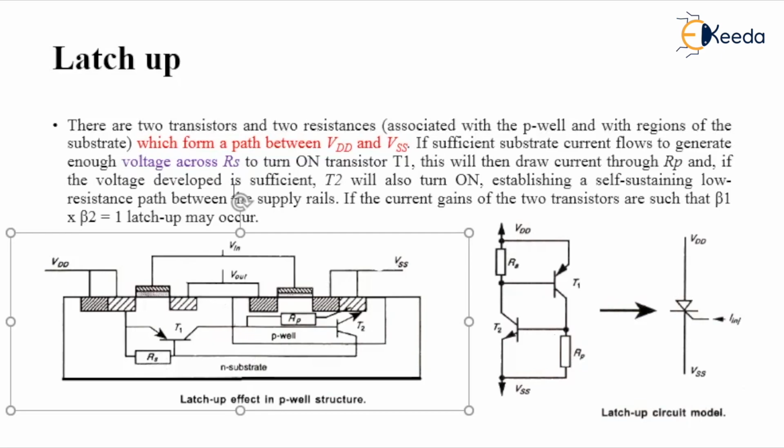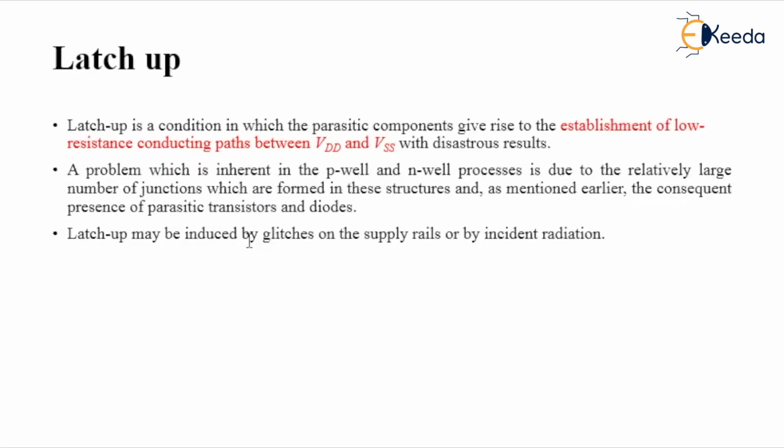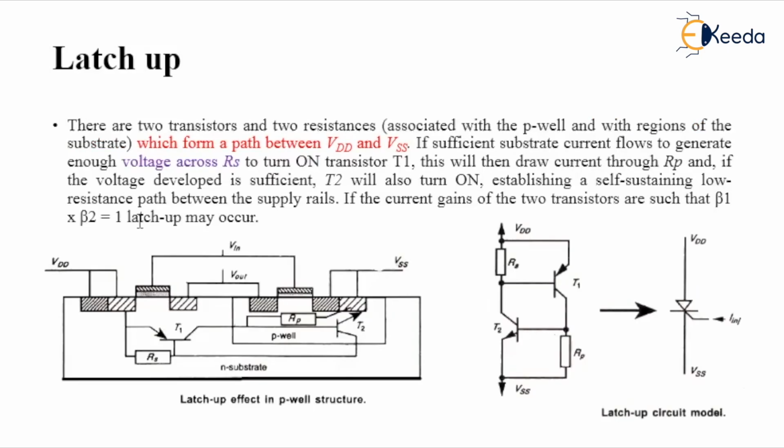So I repeat, latch up is establishing a low resistance conducting path between VDD and VSS. If you see here, there are two transistors and two resistors, T1, T2 as well as RS and RP. RP and T2 are associated with the P well, and T1 and RS are associated with this N substrate.